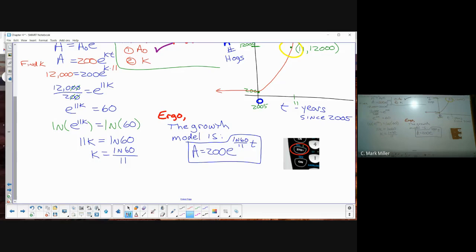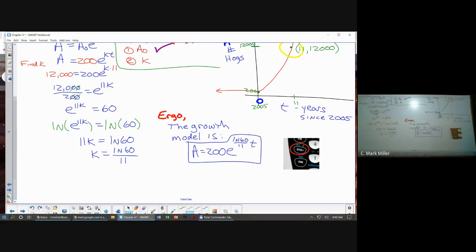So I'm going to show you how to do that. This K, for example, is the percentage growth rate per year. All right? What we're going to do, we're going to get the calculator out.